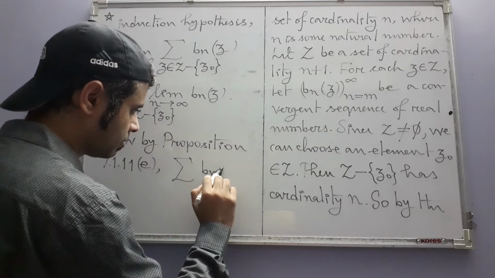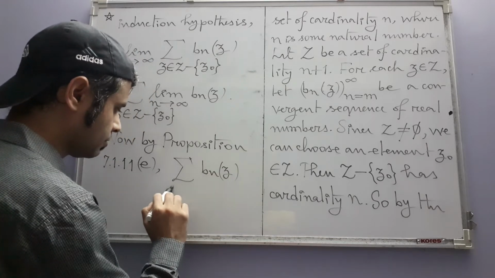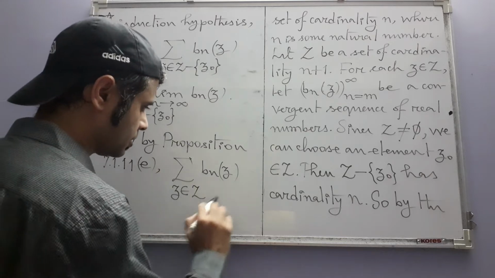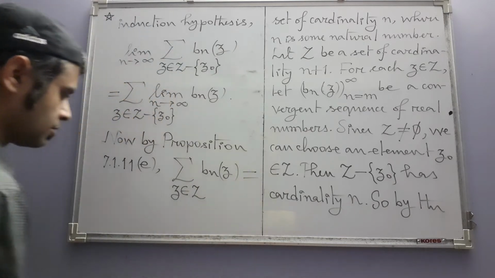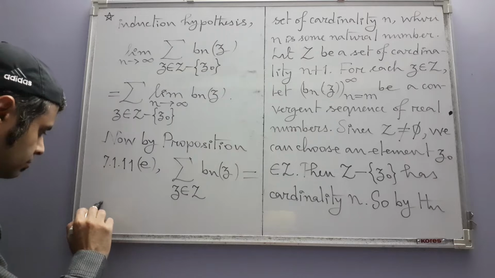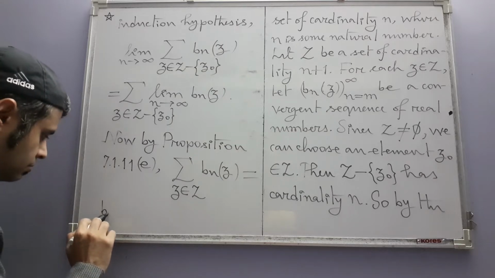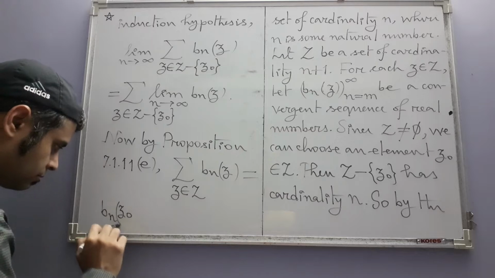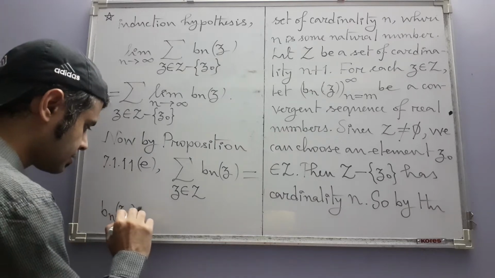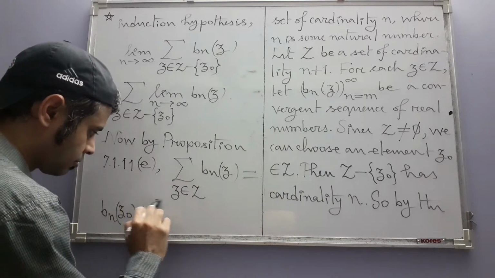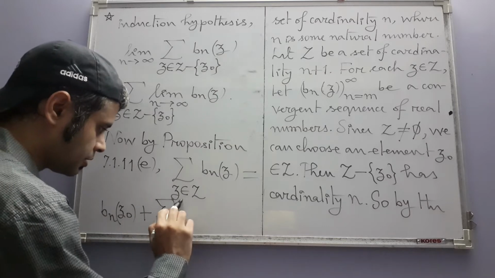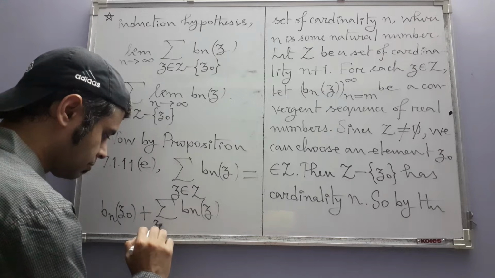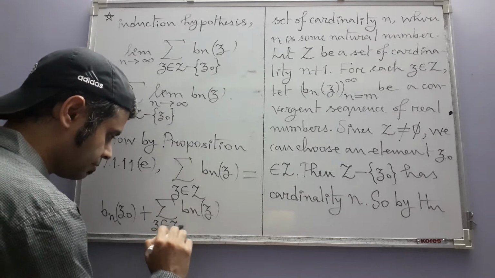Summation Bn(z) as z varies over Z is equal to Bn(z naught) plus summation Bn(z) where z is coming from Z minus z naught.